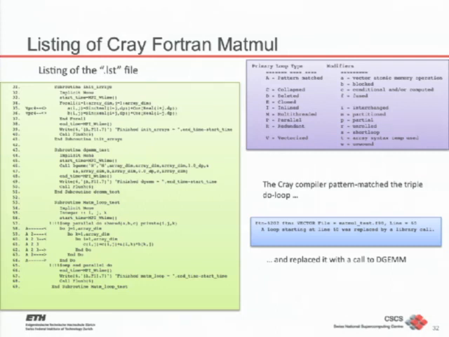Other compilers will generate other information for you. PGI will generate information. It just outputs it to standard error. And you will see, oh, I did something on this loop. In this particular case, PGI says, oh, I saw this was a nice pattern for vectorizing. Which it is. But Cray knows it's better for pattern matching.